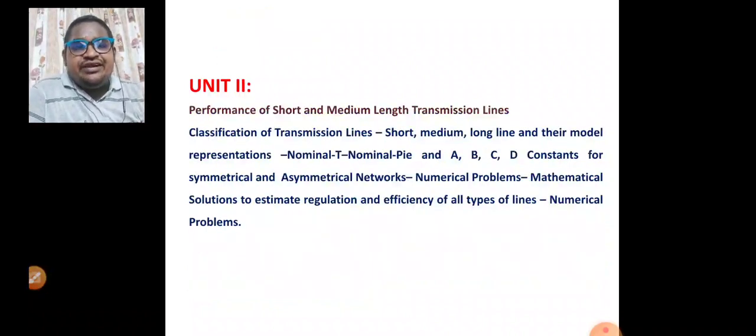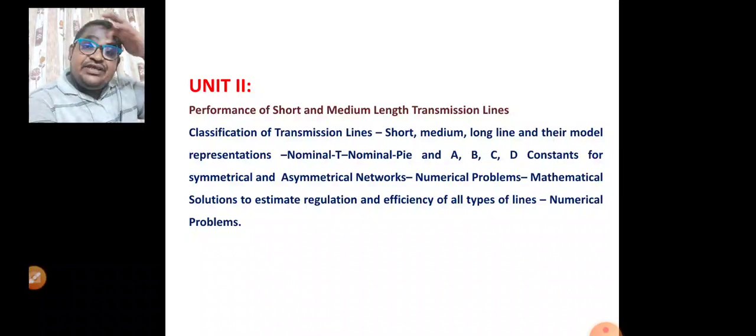Yes, in the second unit you can see performance of short and medium length transmission lines, because the transmission lines may be connected maybe up to 50 kilometers, maybe up to 150 kilometers, maybe greater than 150 kilometers. So therefore, we may have various types of transmission systems.